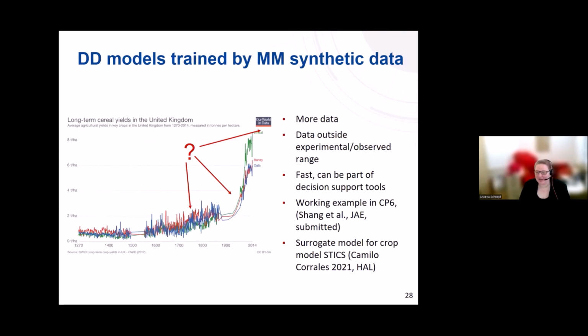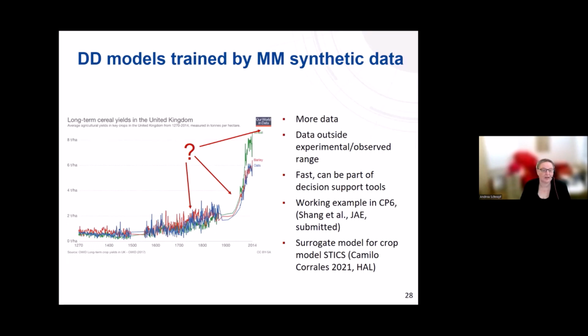I try to be very fast because the time is already short. One way to use a combination of mechanistic and data-driven models is to produce synthetic data with a mechanistic model that can be used to train data-driven models, with the advantage that there will be more data outside of the experimental and observed range, and that these data-driven models are then faster than a mechanistic model.